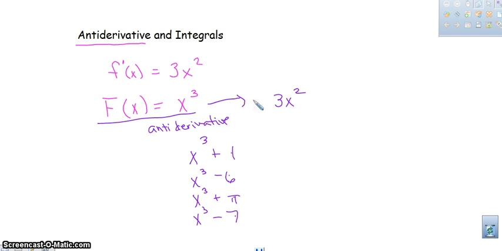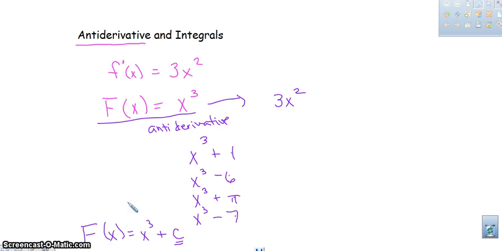So the actual antiderivative, I'll write it down here, is x cubed plus c, where c is some constant. We don't know what the constant is. It could be anything, because remember the derivative of the constant is 0. So that's the basis of antiderivatives.